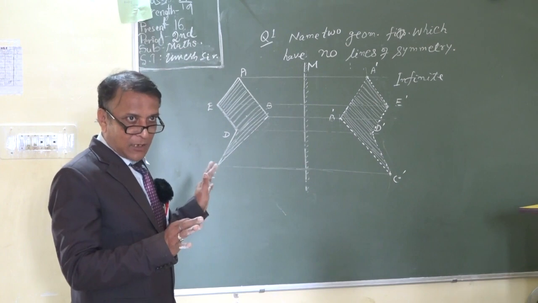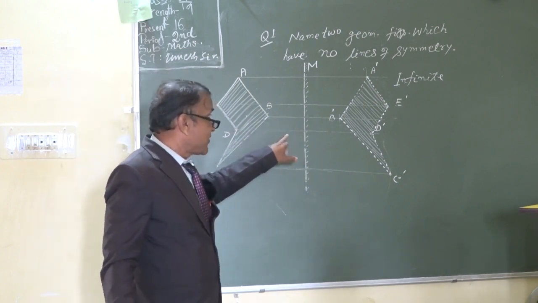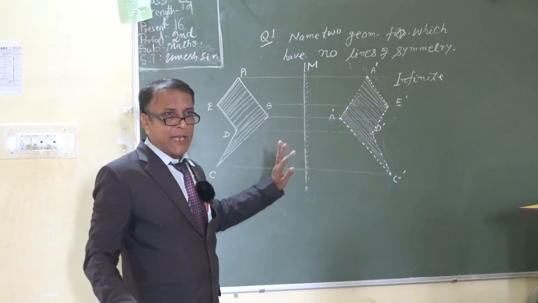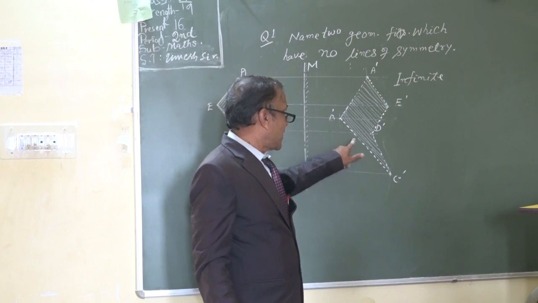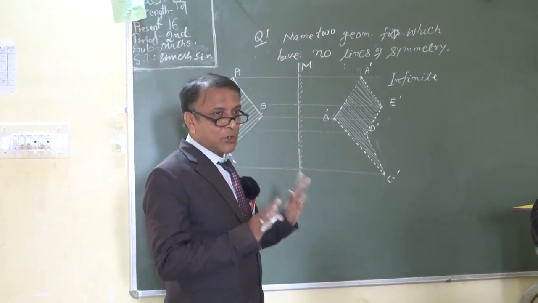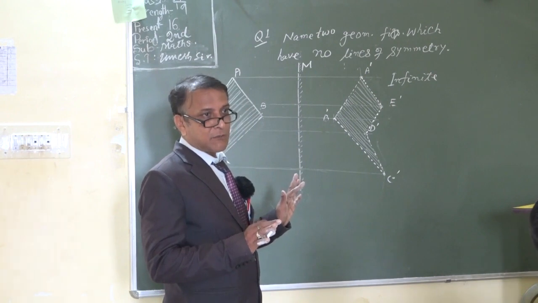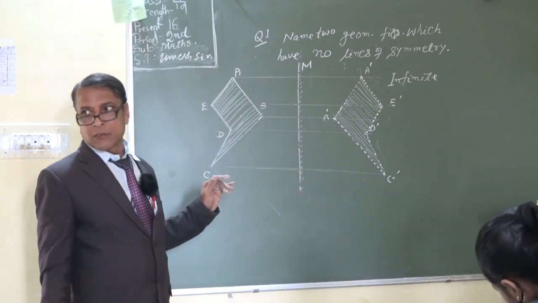Yes. But if you draw these lines very deep, it should be a dotted line, then it will seem to be a good, perfectly drawn image of the given object.